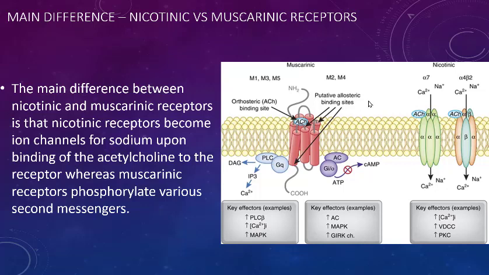The nicotinic receptor actually binds to the ionic channel. Both are transmembrane receptors, and the nicotinic receptor activates the ionic channel, sodium and potassium, while the muscarinic receptor activates the second messenger system.